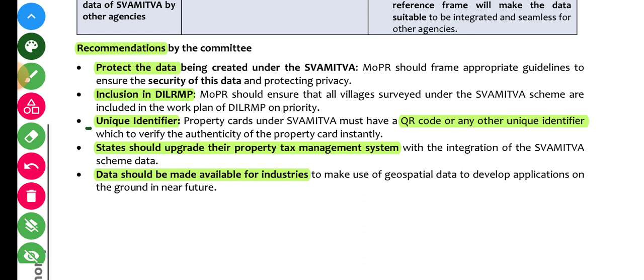And next is a unique identifier, QR code or any other unique identifier, to verify the authenticity of the property card instantly.